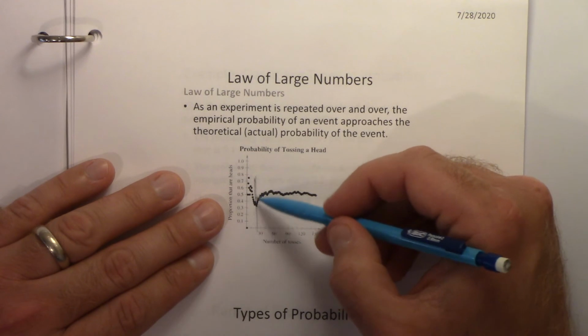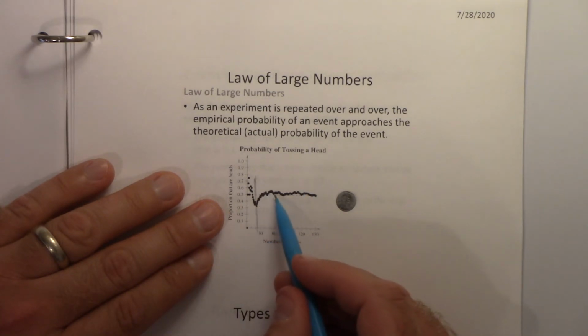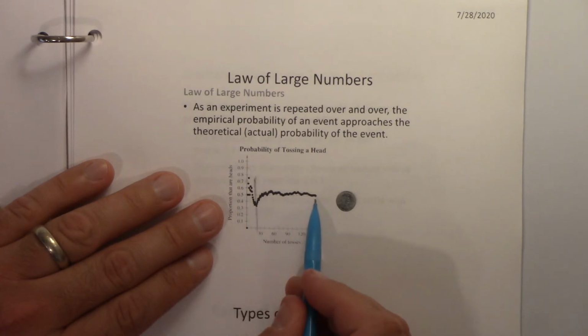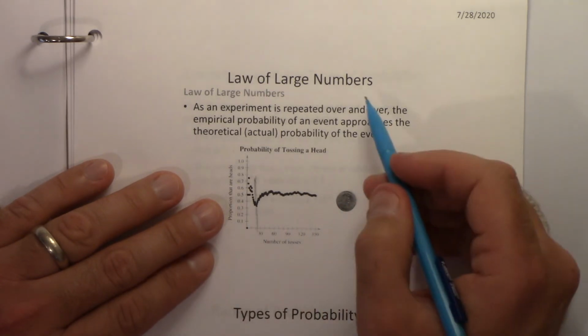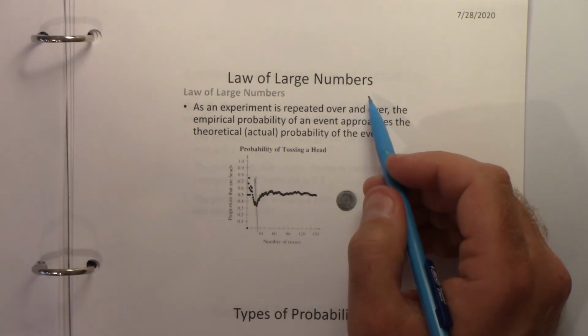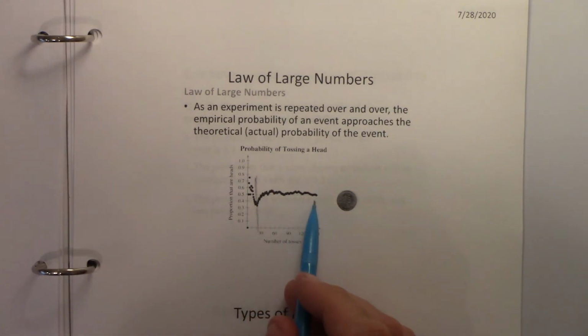After that, you have a lot of tails that are being tossed. As the number of tosses continues to increase, those results will eventually balance out to exactly 50%. Again, that's what's called the law of large numbers. Anything can happen in the short term, but in the long term, those probabilities will distribute exactly as they should.